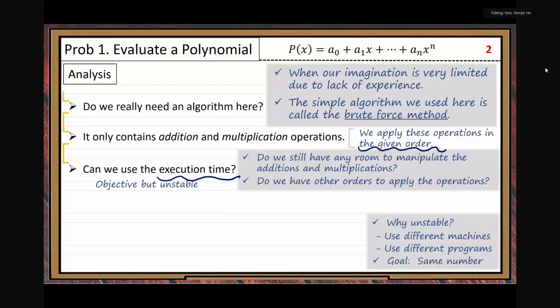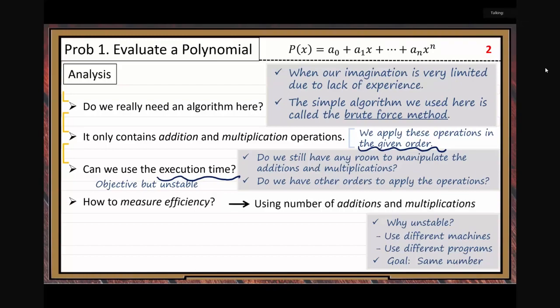So for that, we use the number of additions and multiplications. We do the counting: how many multiplications you do, how many additions you do.